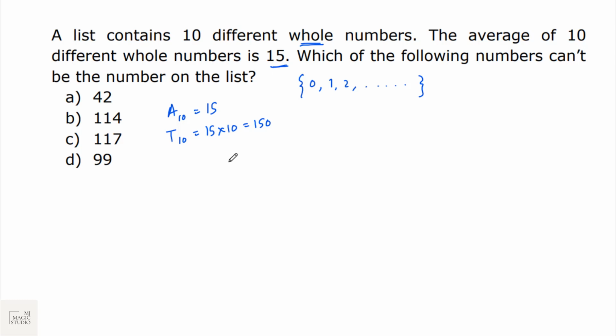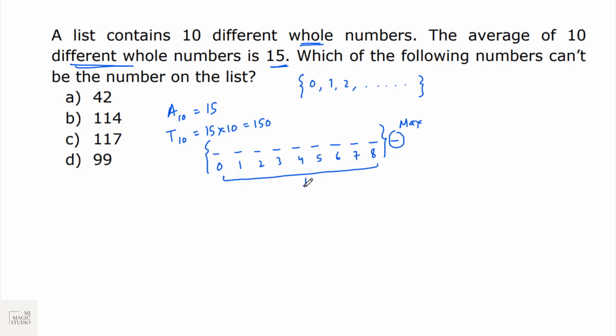So let's see what can be the maximum number which can occur on this list. We have got 10 numbers. Suppose this is the maximum possible number on the list. To make this number maximum possible, these other 9 numbers should assume the smallest whole number values possible, that is 0. And since it is also written that these all are different whole numbers, these numbers would be 0, 1, 2, 3, 4, 5, 6, 7 and 8.